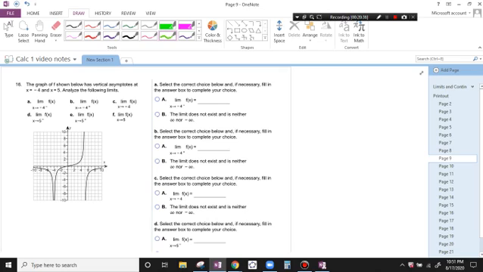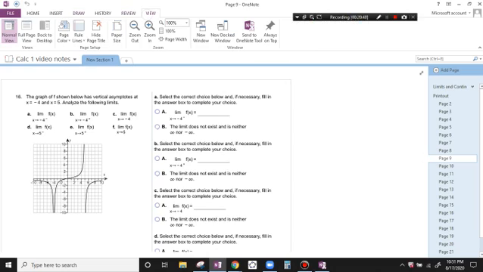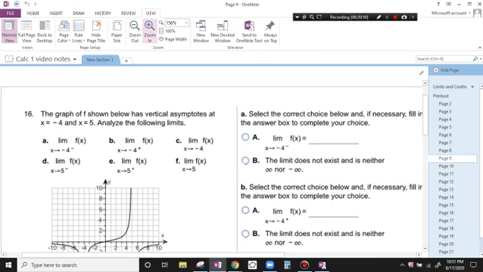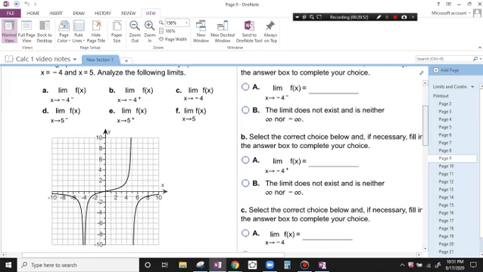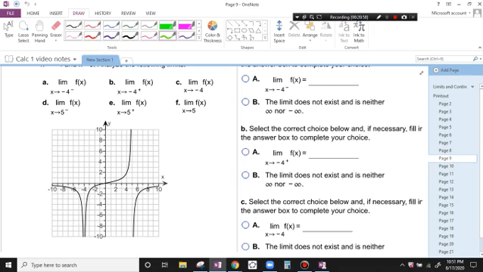Number 16. Similarly, I'm going to leave 16 to you. No, let's do it. All right. Limit as x goes to -4 from the left, minus infinity. -4 from the right, negative infinity.